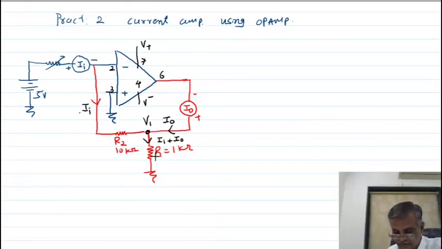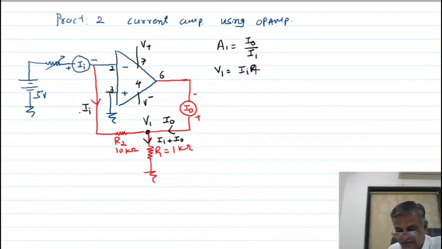So let us derive the equation of the gain in current. The gain in current is nothing but output current upon input current. From this circuit you can write V1 is nothing but current multiplied by resistor.